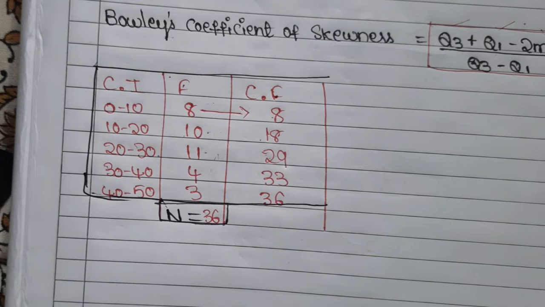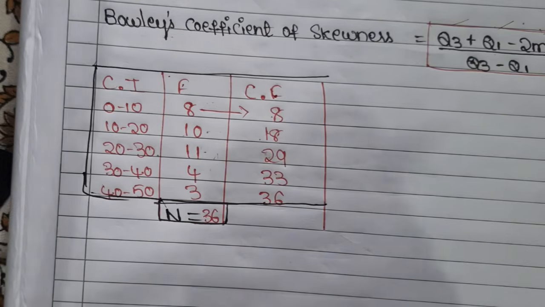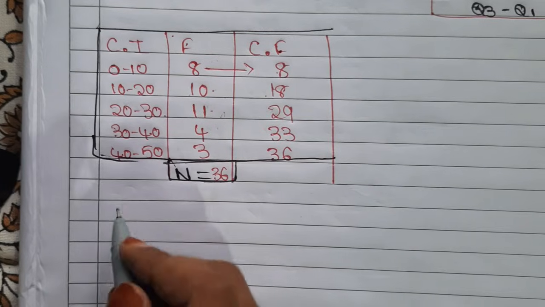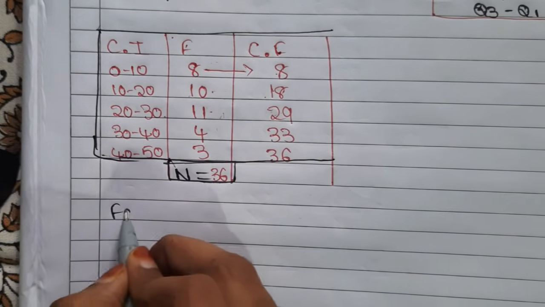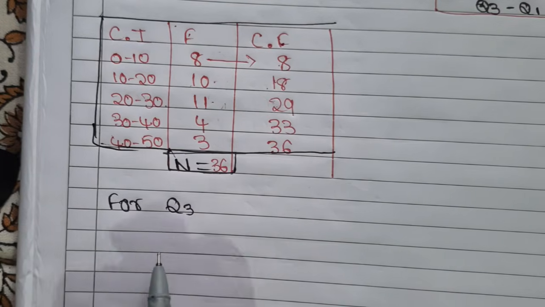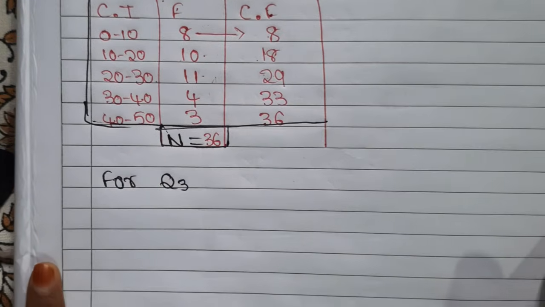After getting this, we need to find Q3, Q1 and the median, as I said. First we will go with Q3. For Q3, write it like this, clearly, in your exam paper also.